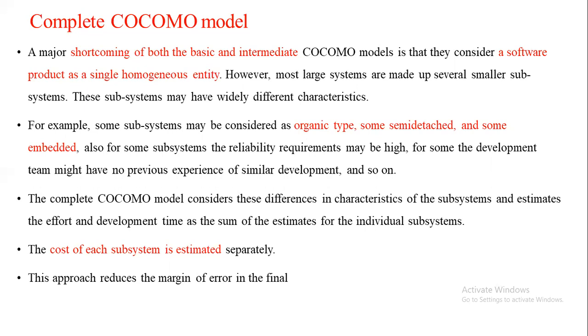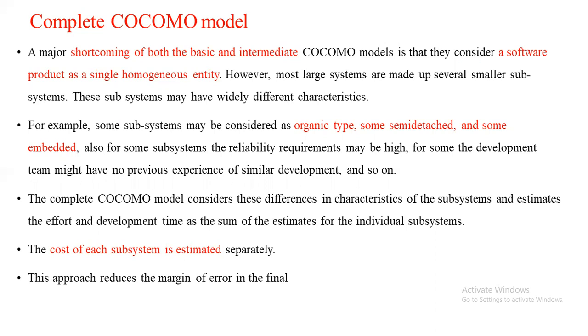Okay, so this is regarding the COCOMO model. There are three types of projects: organic, semi-detached, and embedded. There are three stages in COCOMO: basic, intermediate, and complete. In basic, using only the kilo lines of code, we calculate the estimation.